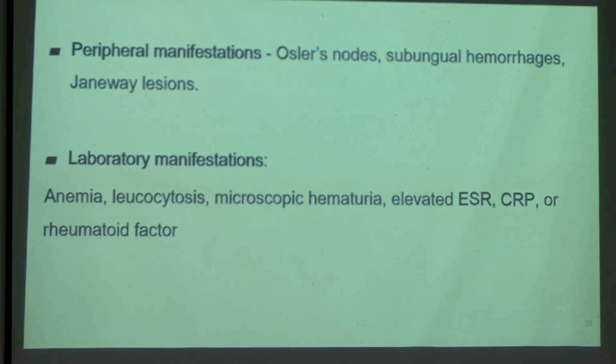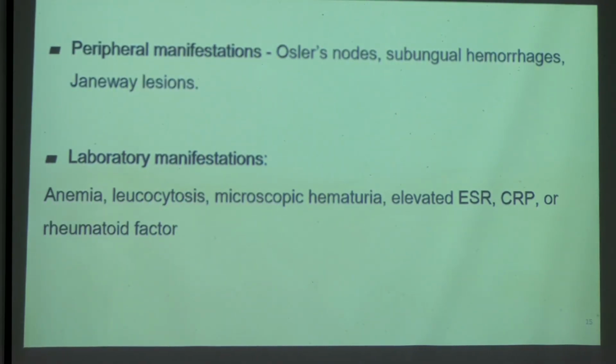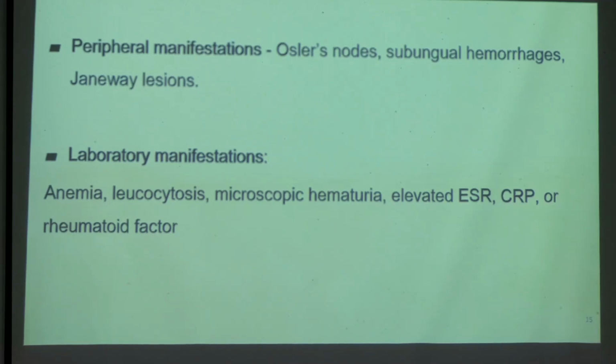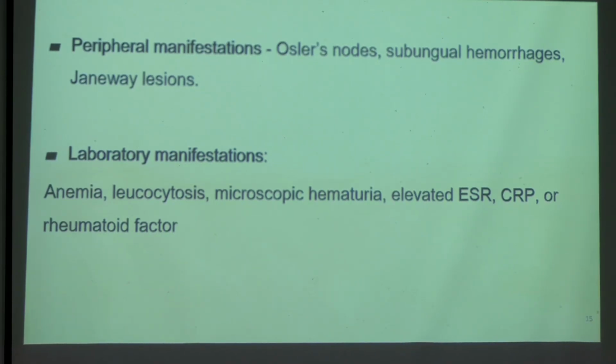Now you can have some peripheral manifestations. What are those peripheral manifestations? Because your vegetations travel to the other organs, the peripheries, you will have Osler nodes, subungual hemorrhages, Janeway lesions, all these things. As laboratory manifestations, you will have anemia, leukocytosis, elevated ESR and CRP. Now, elevated ESR and CRP is a marker of what?